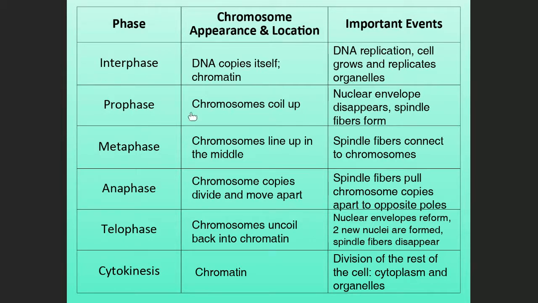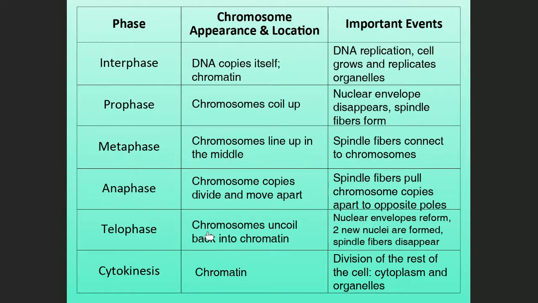In the prophase stage, the chromosomes coil up again, the nuclear envelope disappears and spindle fibers form. In the metaphase stage, chromosomes line up in a metaphase plate in the middle of the cell, and the spindle fibers connect to the chromosomes at the kinetochore, which is present on the centromere. In the anaphase stage, the chromosome copies divide and move apart, and the spindle fibers pull the chromosome copies apart to the opposite poles.